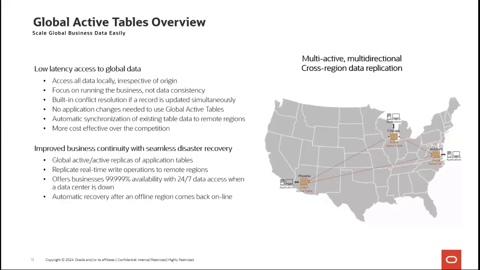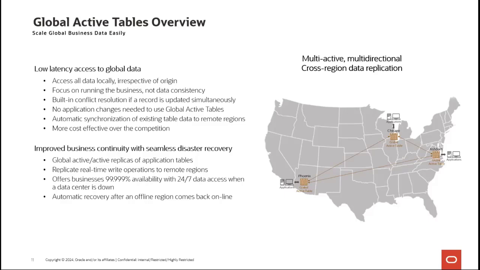This comes built in with the Oracle NoSQL Database Cloud service. And while we're here, I should also mention that we have had the equivalent of global active tables in the on-premise product for several years now.